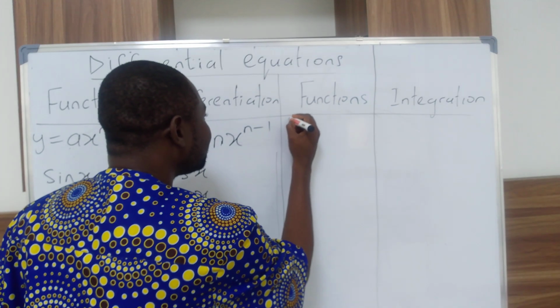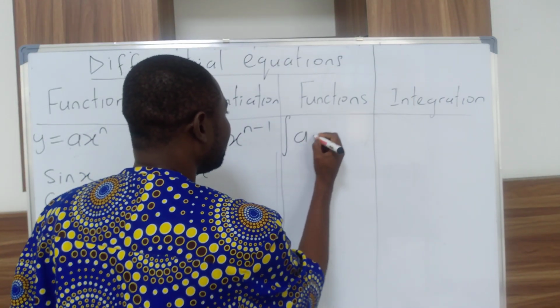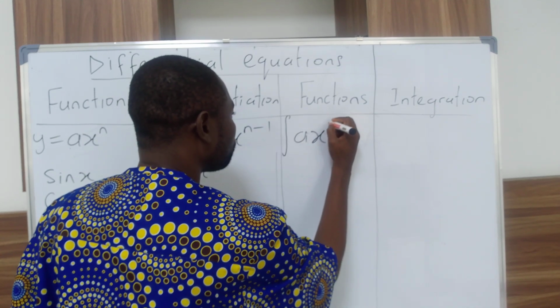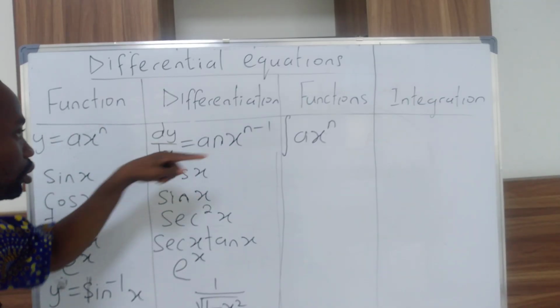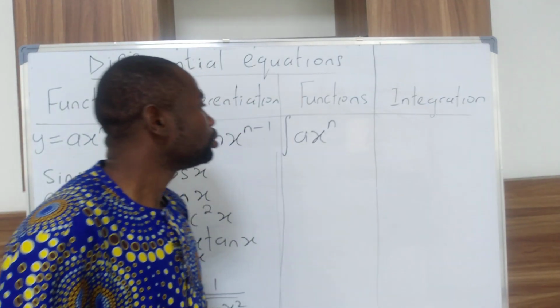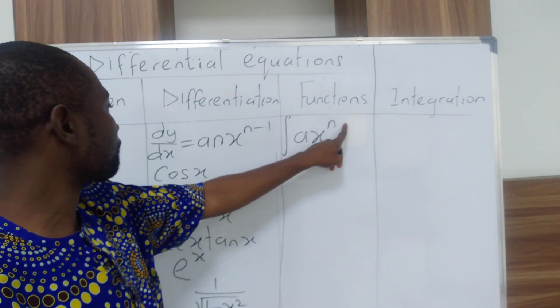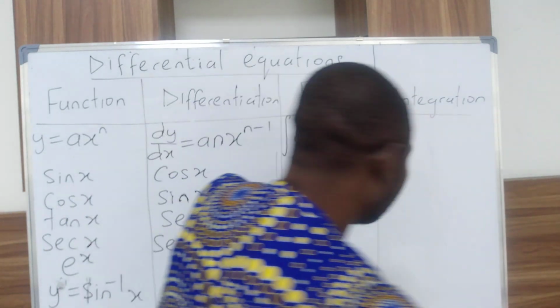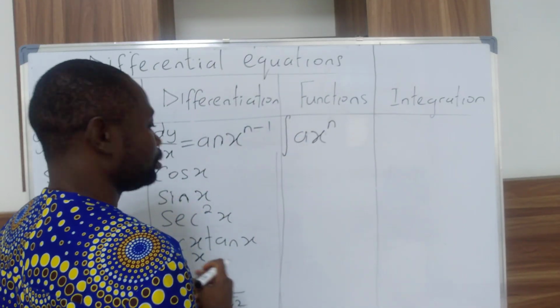So if I'm integrating ax raised to power n, you know, in differentiation, you first multiply the coefficient to the power, then you minus 1. But in integration, what you do first is that you add 1 to the power, and you now divide by the answer.